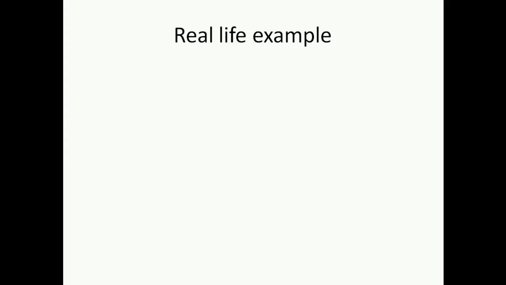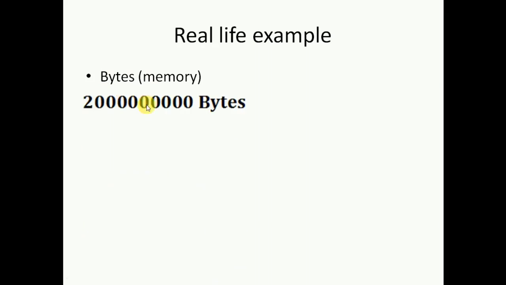Now let's see the real life example of power of 10. When we buy memory cards, we buy them in the unit bytes. So this is the card we find in the market, that is 2000000000 bytes. It's very difficult to say to the shopkeeper, give me 2000000000 bytes card.